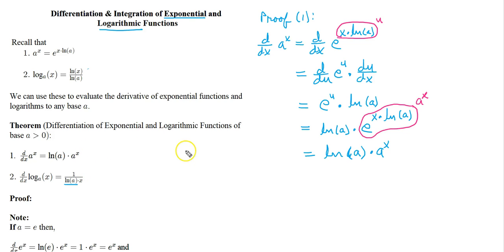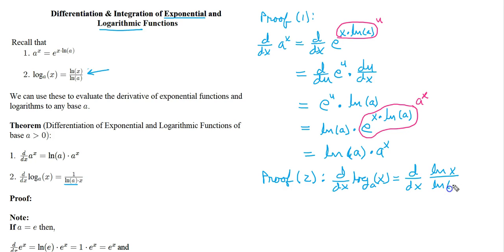Now let's take a look at the proof of part 2. Once again, just using this formula up here, we differentiate both sides with respect to x. Now keeping in mind that the ln of a is just a constant number, we can move the 1 over ln a out in front of the d dx.